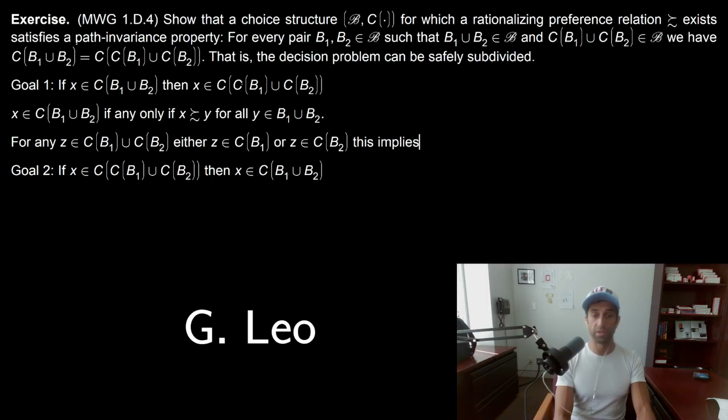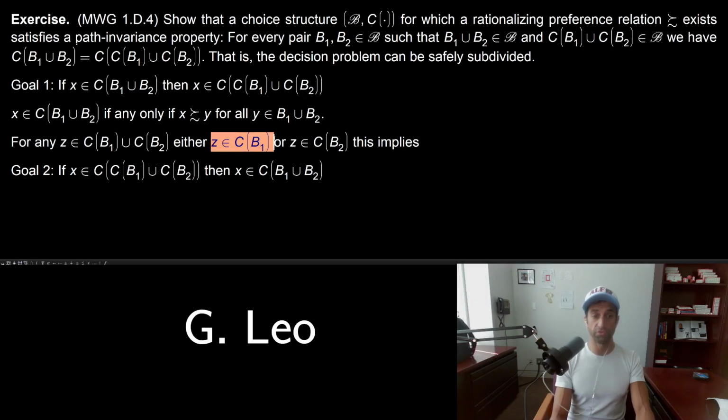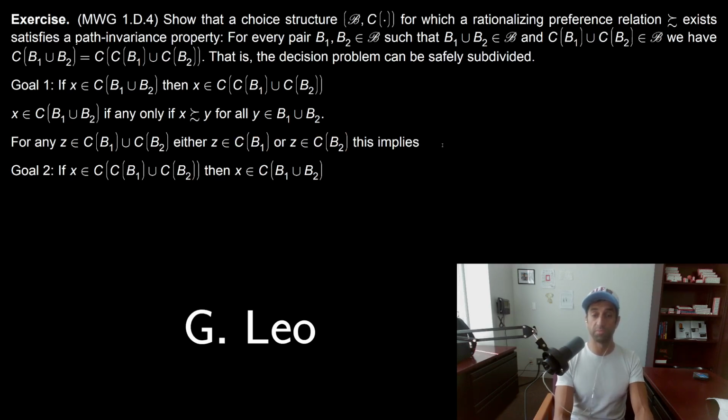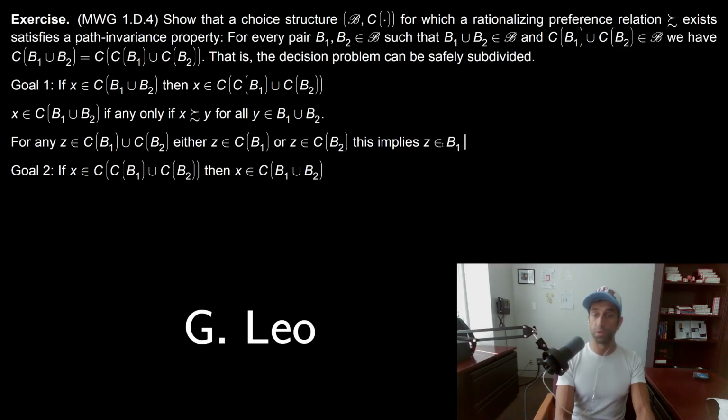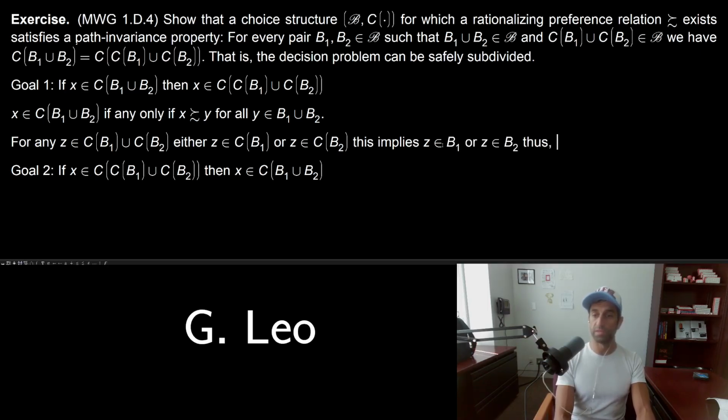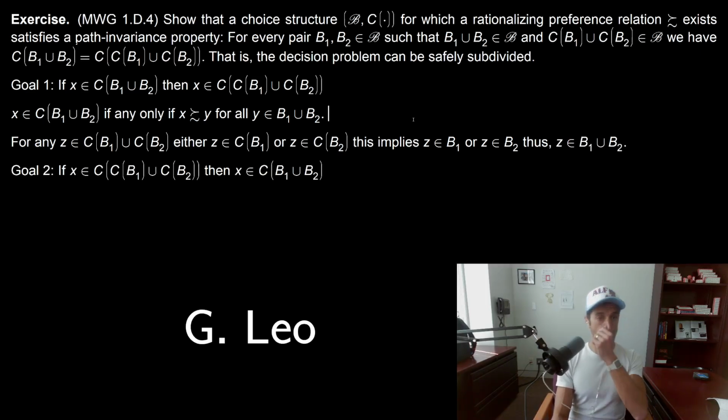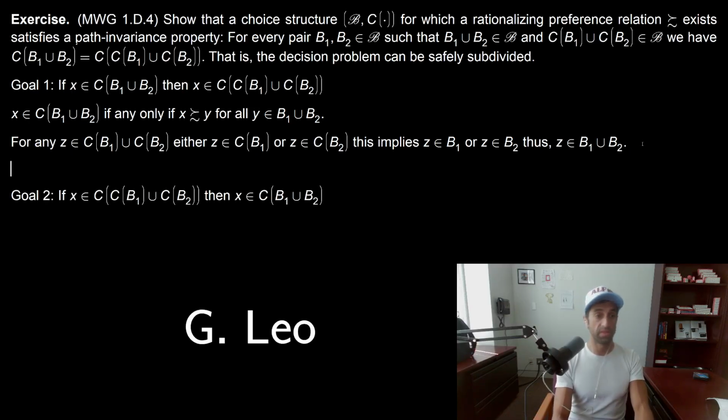This implies, since if you're a choice from B1, you have to be in B1, and if you're a choice from B2, you have to be in B2, that z is in B1 or z is in B2. And thus, z is an element of B1 union B2. Okay, so now we're done, right?